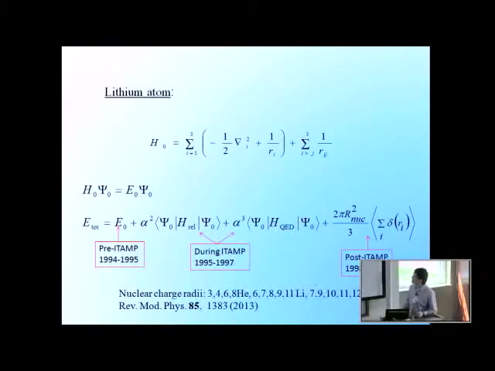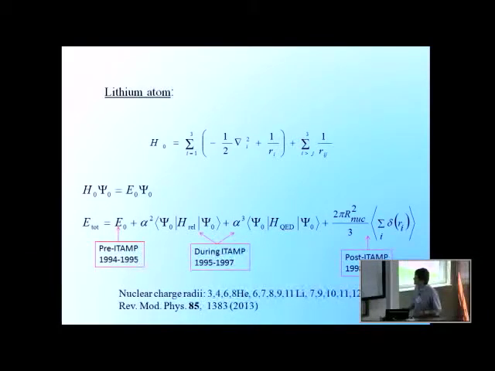My field is actually few-body: single atom, few electron systems, like lithium, for example. From the time when I finished my PhD to 1995, I basically solved this equation. This is the Breit relativistic Hamiltonian.